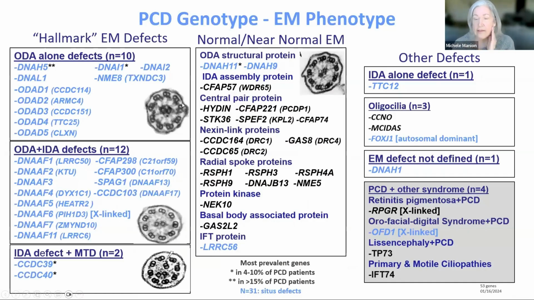And the important part about this is that you could look at this as having 54 separate diseases, because each of them has their own role, their own phenotype, their own genotype. But what we have done is kind of lump them together into this one disorder category called primary ciliary dyskinesia.